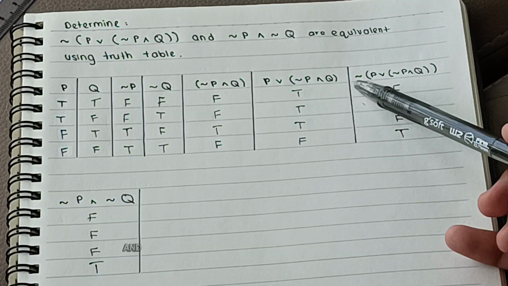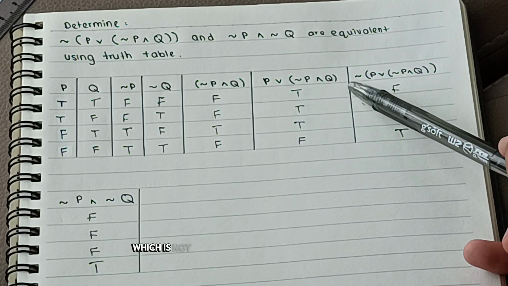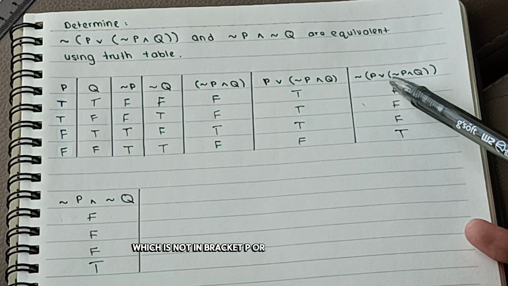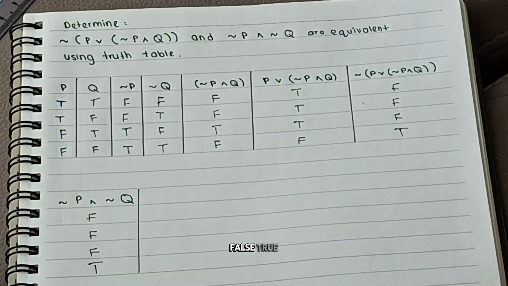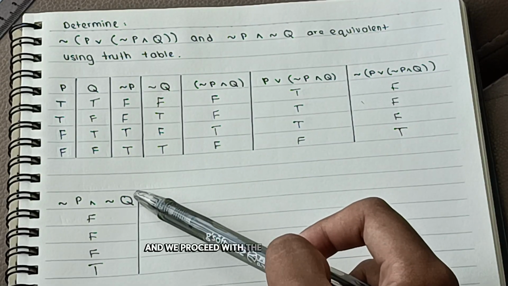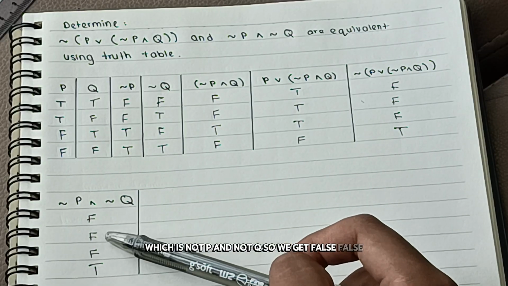And we put the not in front of all these equations, which is not in bracket P or in bracket not Q and Q. So we know that the truth value is false, false, false, true. And we proceed with the last of the equation, which is not P and not Q. So we get false, false, false, true.